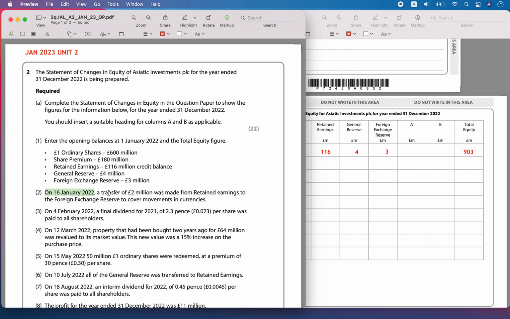Now for the second transaction, on 16th Jan 2022, a transfer of 2 million was made from the retained earnings to the foreign exchange reserves to cover movements in currencies. So let's write for this.